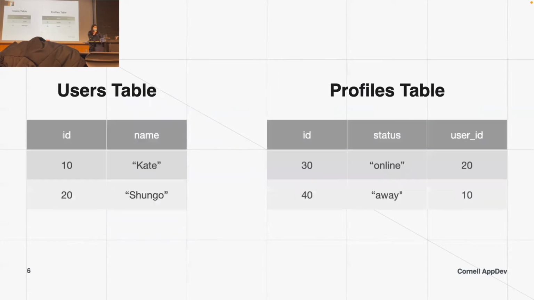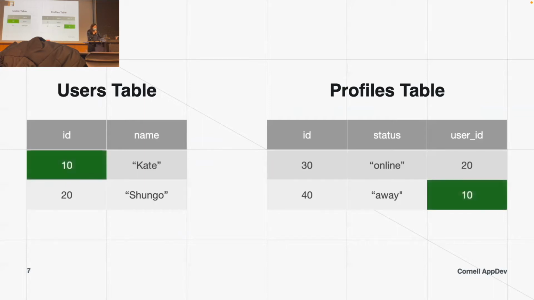A one-to-one is like the user and the profile. Let's say you wanted to maintain statuses, like Discord statuses, and you had a users and profiles table. I had two users, Kate and Shingo, and I wanted to create a profile for each of them.